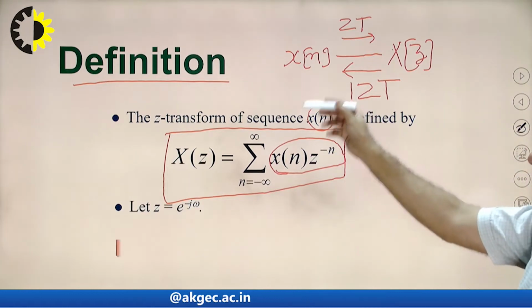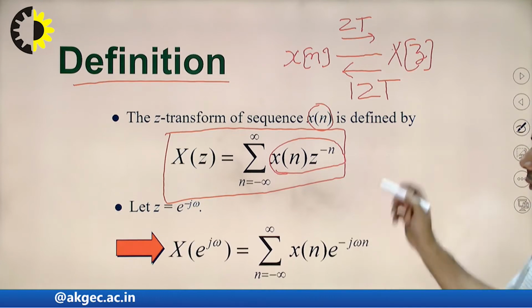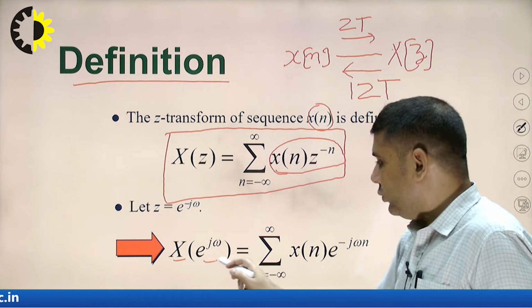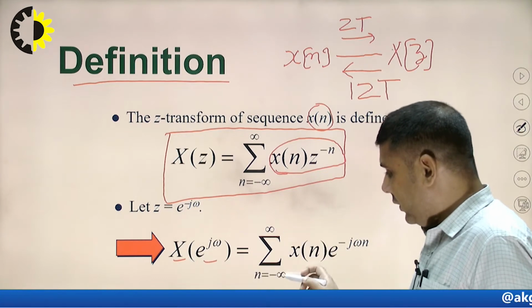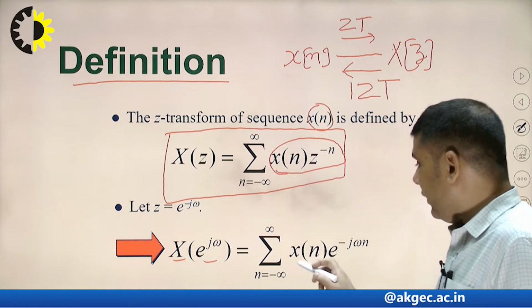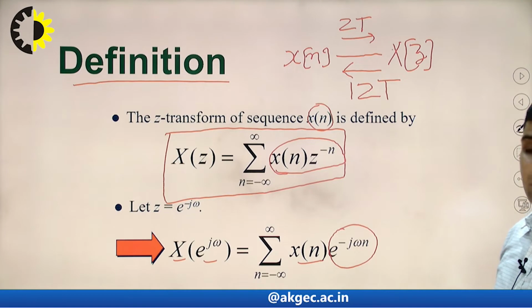If we compare it with the Fourier transform, then for the same sequence the Fourier transform is given by this formula: X(e raised to the power j omega) is equal to summation n from minus infinity to plus infinity of x[n] e raised to the power minus j omega n.